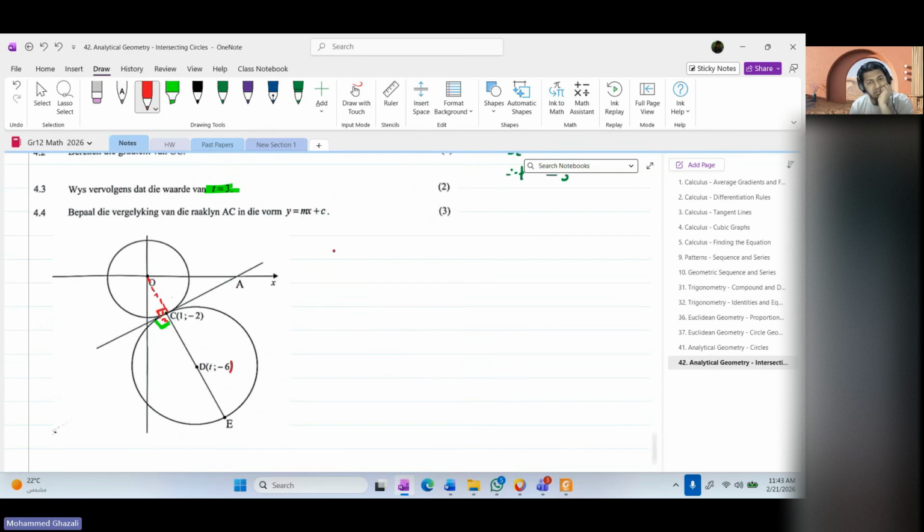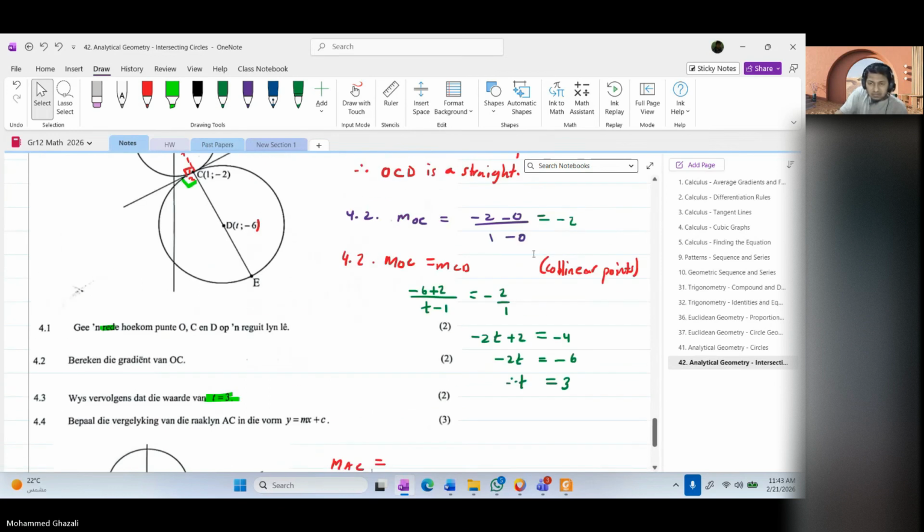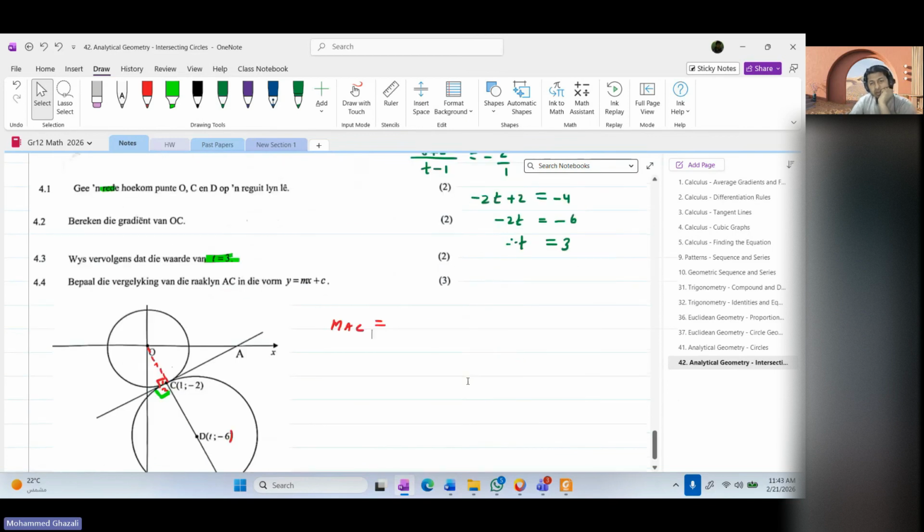So the gradient of AC is equal to the keep change flip, so basically the flip of this gradient with the opposite sign. So minus half, no, half, because -2 times half will give me -1. So it's gonna be half, and it's upward sloping, so it must be positive.